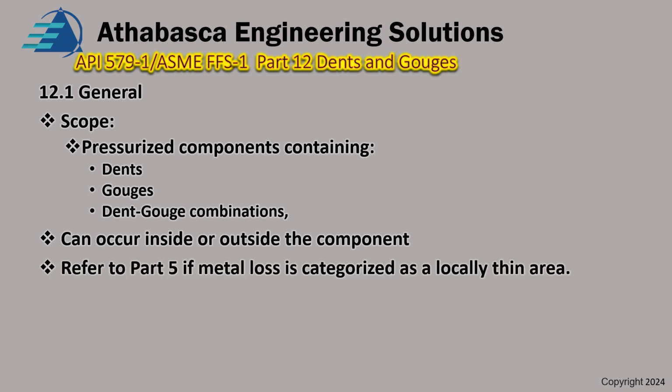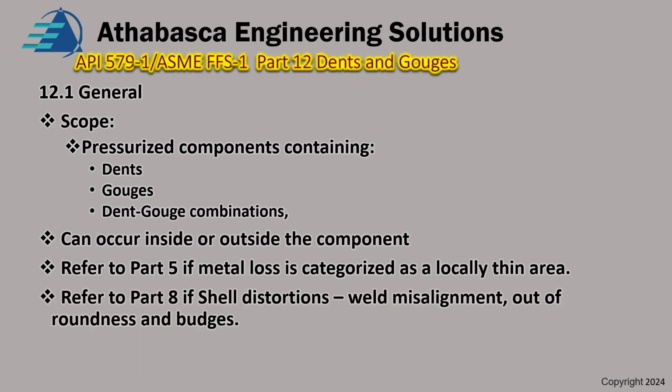Refer to part 5 if there's metal loss characterized as a local thinned area, and also refer to part 5 for shell distortions, weld misalignment, out of roundness and bulges. So there could be a large number of issues. That's why in pipelines, for example, where dents are the most common, they have a lot of rules of thumb to start with, and then the assessment can continue down the road.